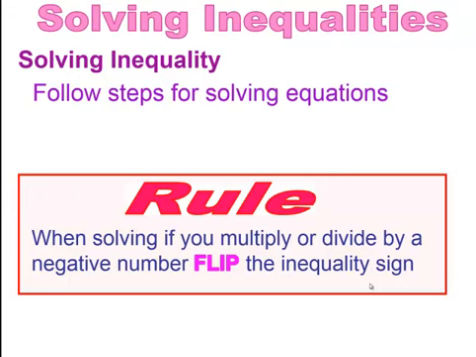So the key thing here is that if at the very last step of a multi-step inequality you multiply or divide by a negative number, you need to flip the inequality symbol.